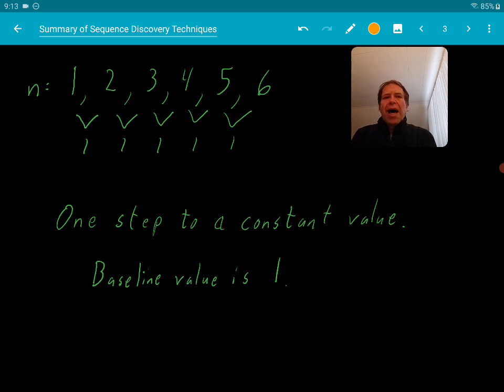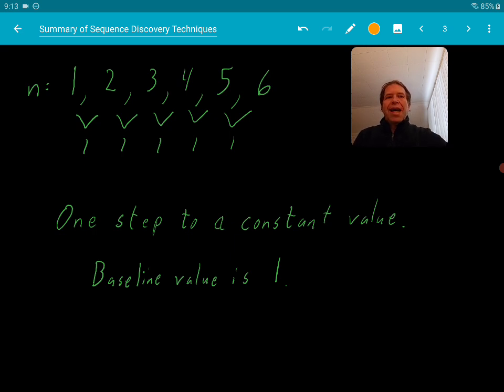I'm going to call that our baseline value, because if we end up with another sequence built on n, we are going to compare it with the baseline value to try to figure out what the coefficient needs to be. And we'll see that in action in the second half of the video.